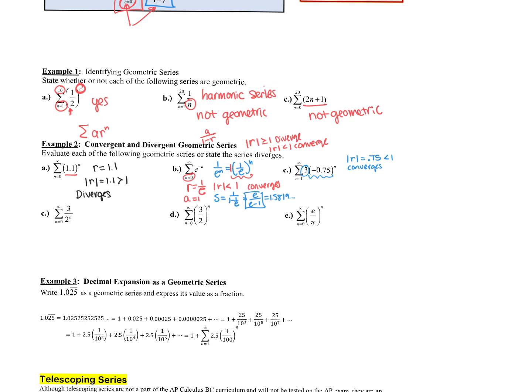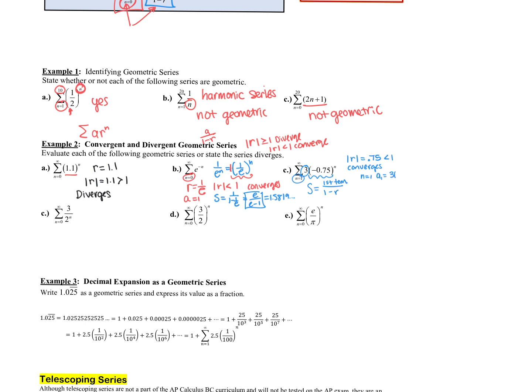And let's figure out what it converges to. So the sum here, because n is equal to 1, we're going to look for the sum being the first term over 1 minus the common ratio. So the first term here will be when n is equal to 1. So a sub 1 will be the first term.